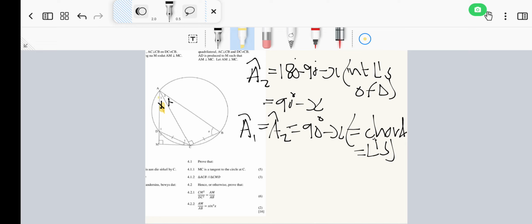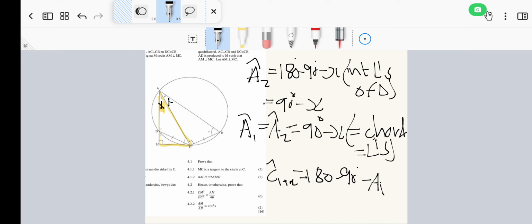So if I look in this triangle that I have here, triangle AMC, I can then say angle C1 and C2. That's the one we were looking at, right? C1 plus C2 will equal 180 degrees minus M, which is 90, minus A1.